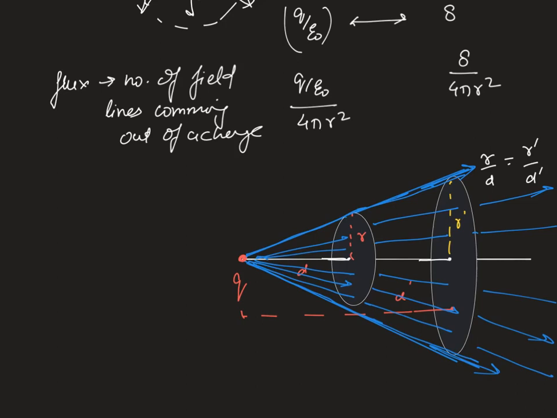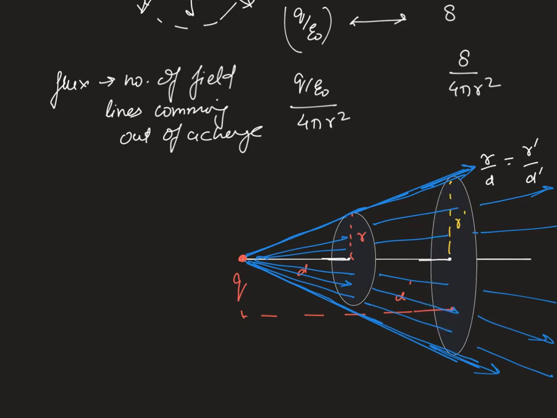Now all these 7 field lines, if the two disks are placed symmetrically, again, what does symmetrically mean? It means this similar triangles thing. If these two disks are placed symmetrically, the number of field lines that cross the smaller disk will be equal to the number of field lines that cross the larger disk.